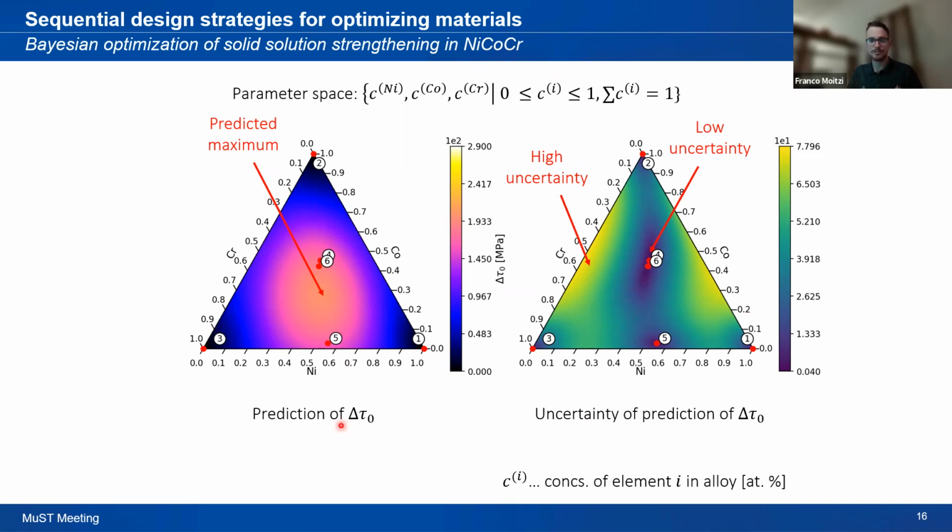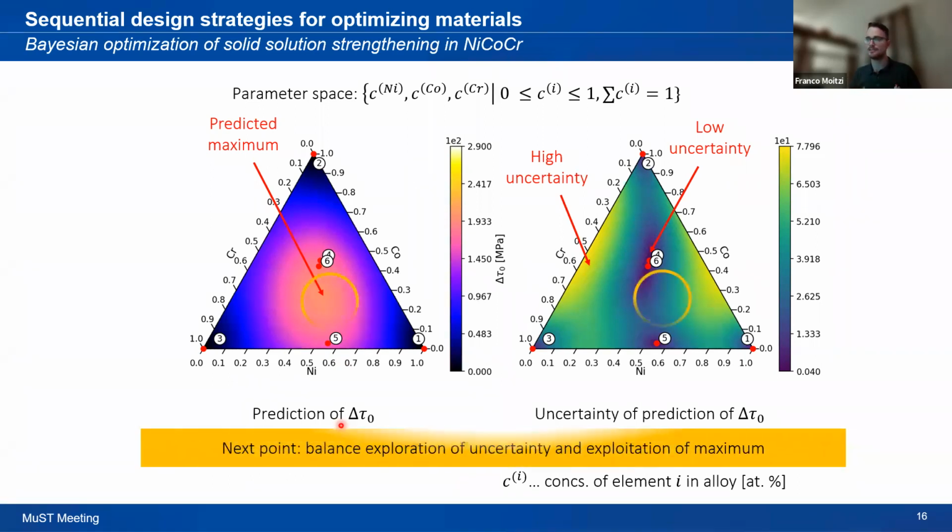And both quantities together will then determine the next point. So finding the next point is always a balance between the exploration of regions with high uncertainty and exploitation of regions where the maximum is supposed to be already. So somehow the next point will be in this region.